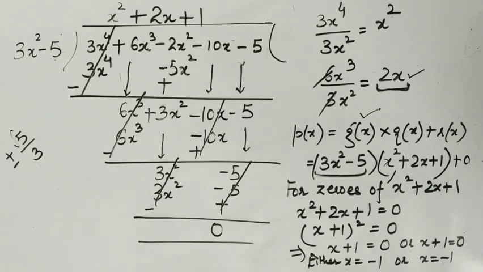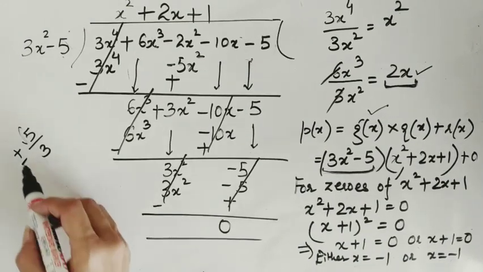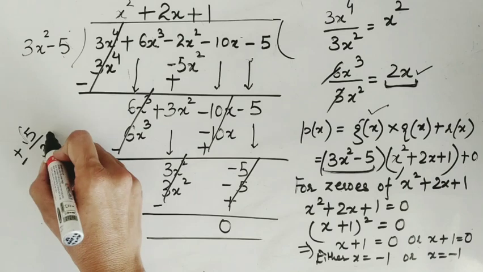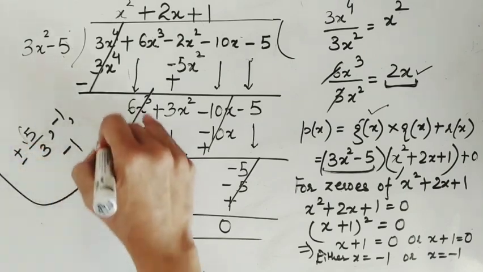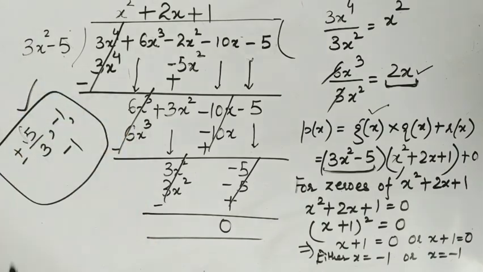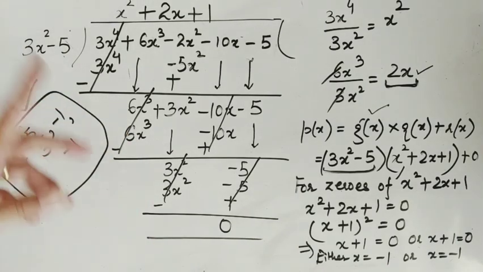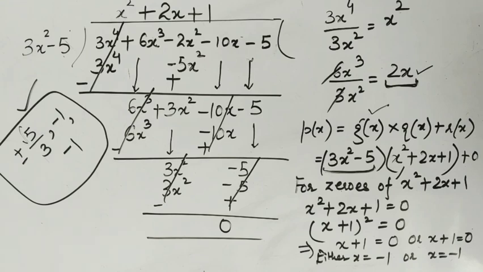So what are the four zeros? Two I have already written, plus minus root 5 by 3, another is minus 1 and minus 1. So these are four zeros for question number 3, which wanted us to obtain all other zeros of the polynomial. I am sure this must be clear to everybody.